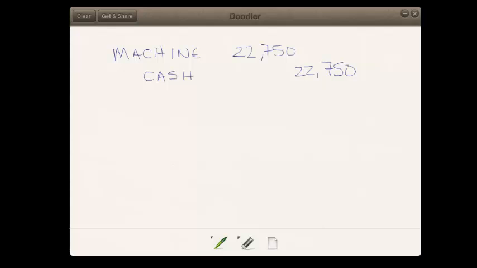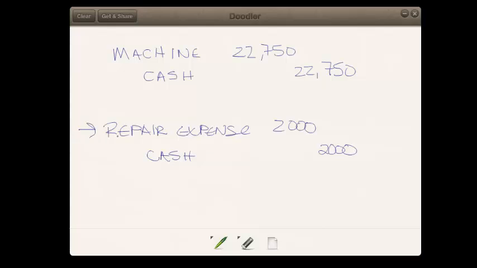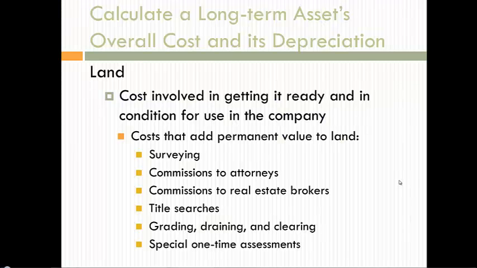For example, if he paid cash of $2,000 for repairs to the machine, the entry would be a debit to repair expense and a credit to cash. There's an important distinction here. This is recorded as an expense because it's not part of making the machine ready for use.